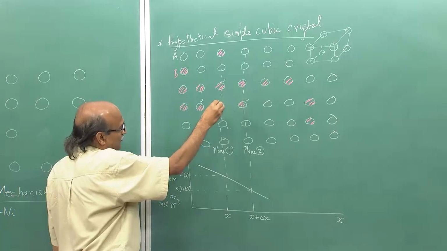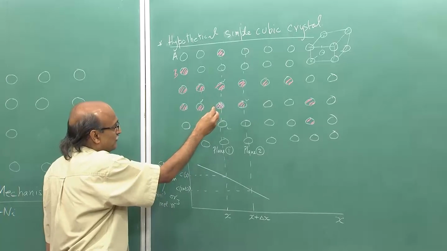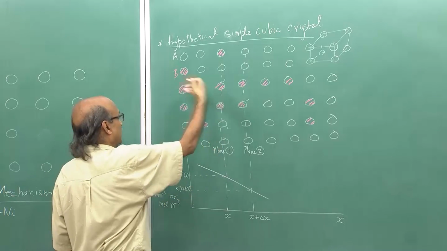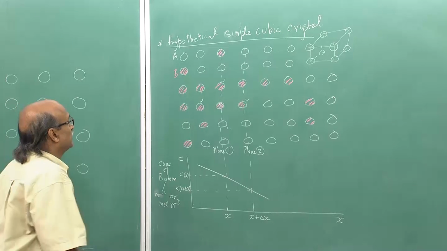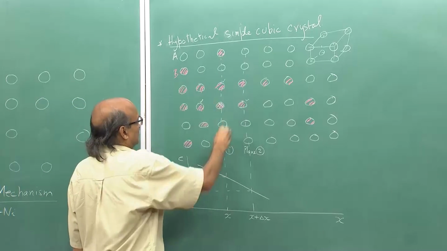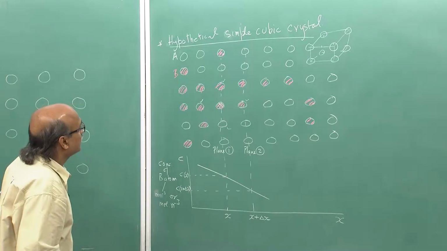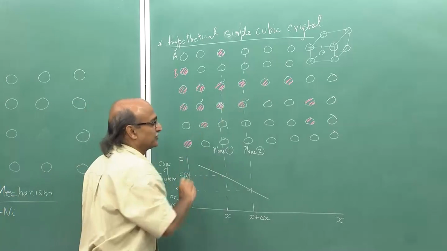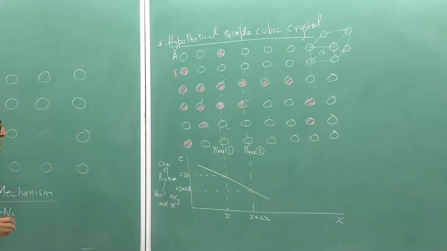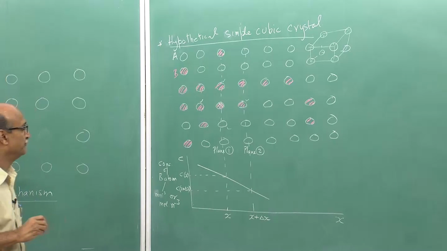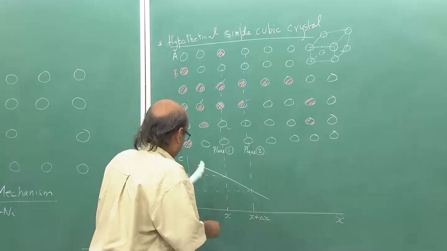There will be a 5th position on top, there is another atom at the top, and there is another atom at the back side of it. So, there will be a total of 6 positions. It can jump to any of these 6 positions provided there is a vacant site available.